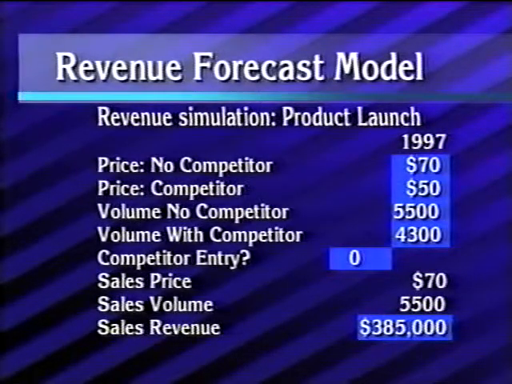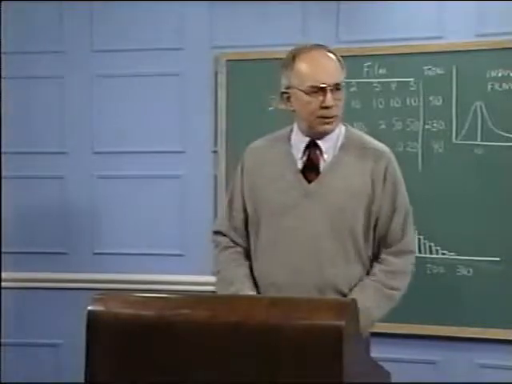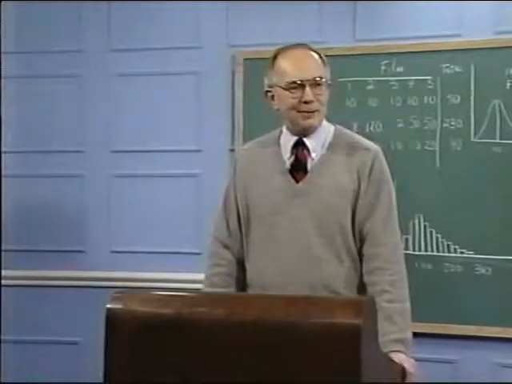Let's just assume that it's triangular. There is a price if the competitor enters the market. That too is triangular. Then there is a volume associated with no competitor coming into the market and with the competitor in the market. Notice the volume that I have in this initial model is less. I'm assuming that I'll be able to get less volume if my competitor enters.